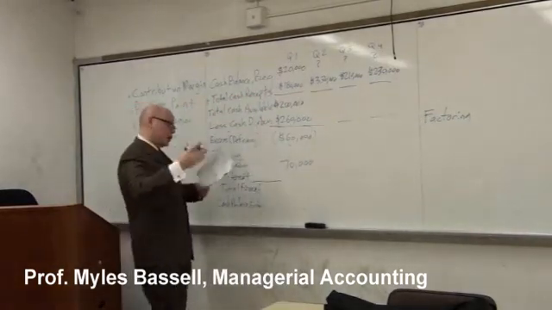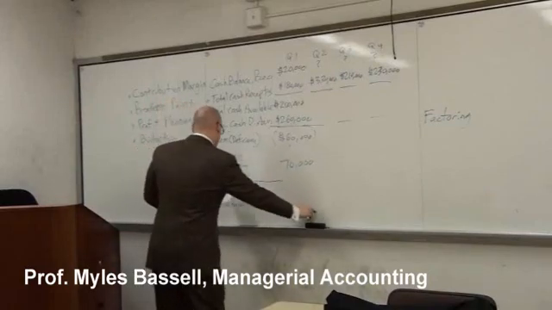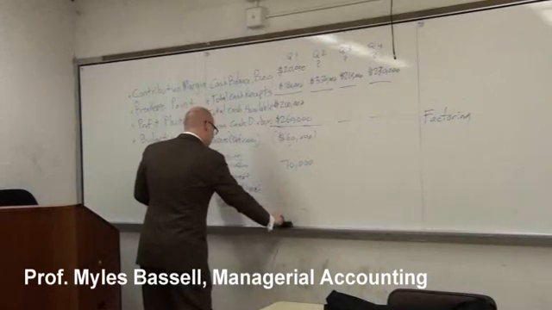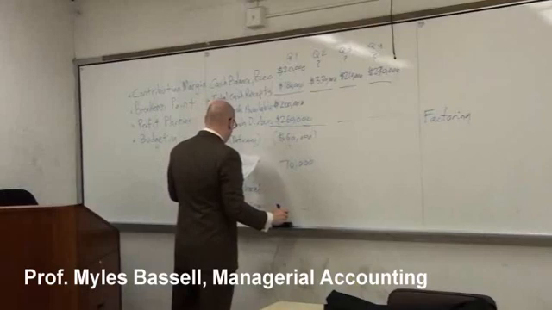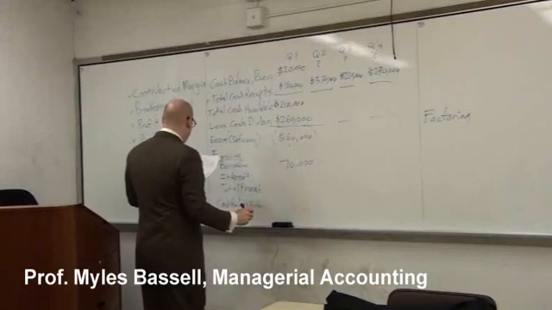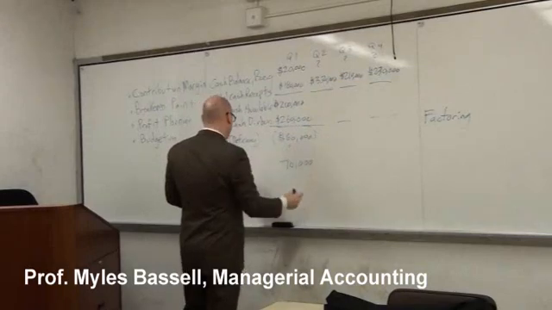Could be 20,000, could be 100,000. In this case they said it's 10,000. And then what is the interest rate that we're paying? 3%. All right, so we're going to pay that at the beginning of the period, though, right? So we're going to pay that in quarter 2.